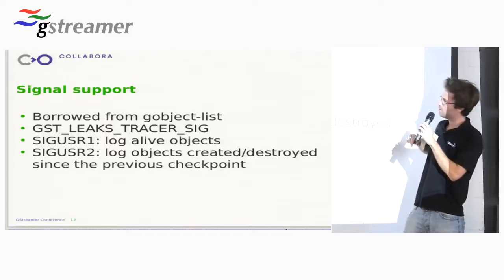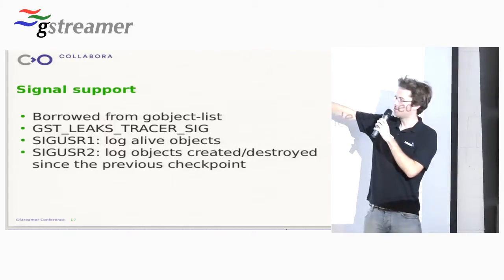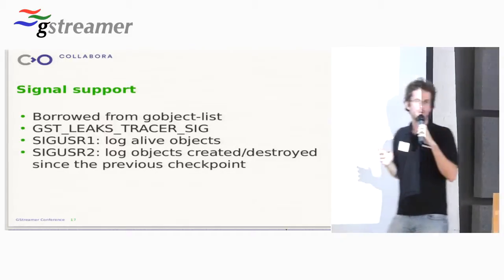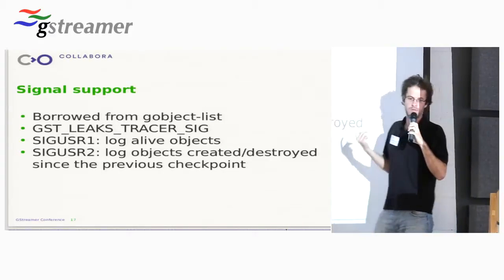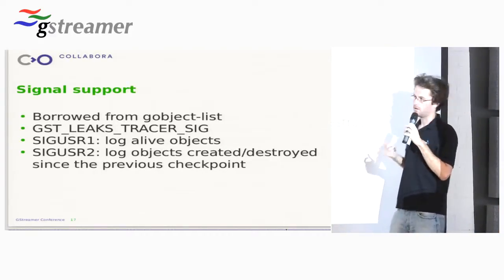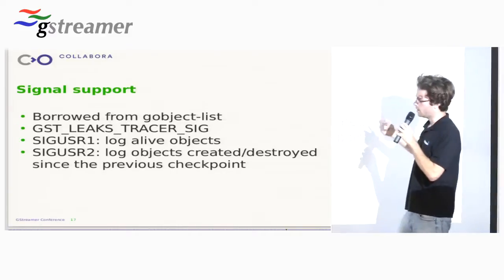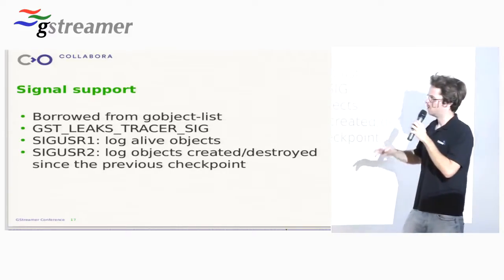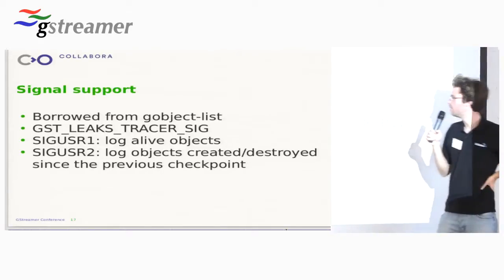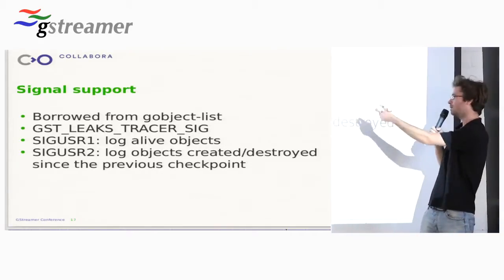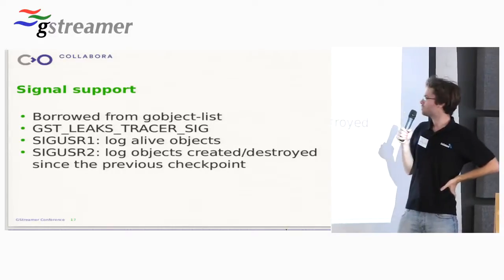To be able to use it, you first have to define this environment variable. The reason is that by default we don't want to catch Unix signals because your application may already be interested in a signal. So be careful before turning that on to make sure the two signals here are not already used. And what the handler of this signal will do is pretty simple.